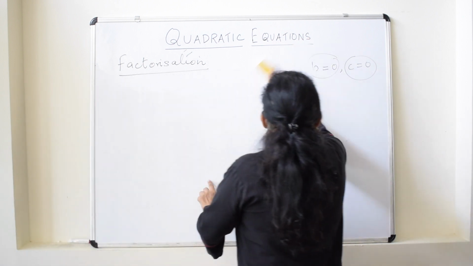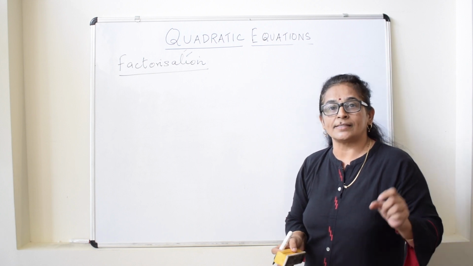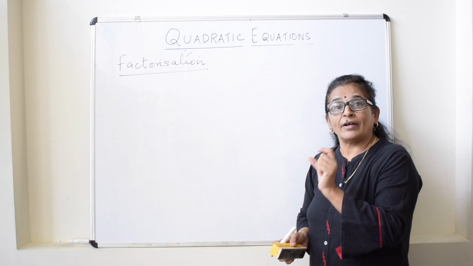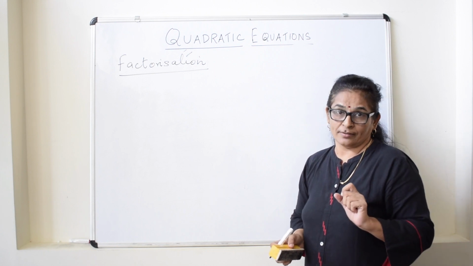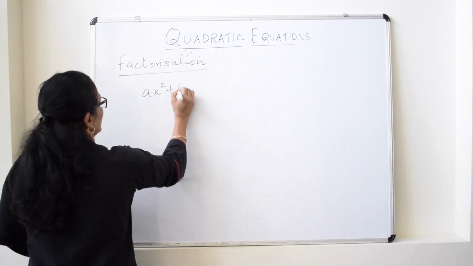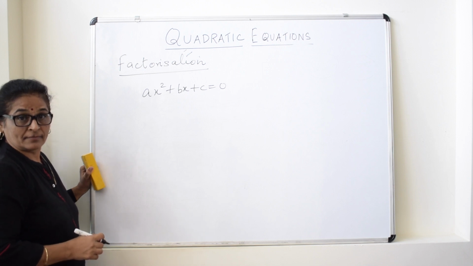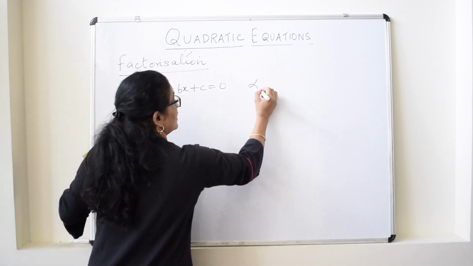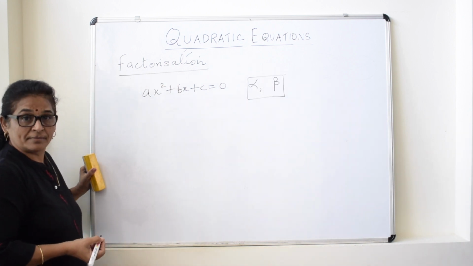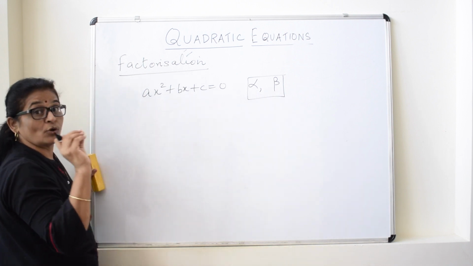Factorization itself says to find the factors. So whenever a quadratic equation is given to us, ultimately we will reach the linear factors of this quadratic equation. It means that when we say a quadratic equation is ax square plus bx plus c is equal to 0, there are two roots. We may call them alpha and beta. So these alpha and beta are the solutions or the roots.